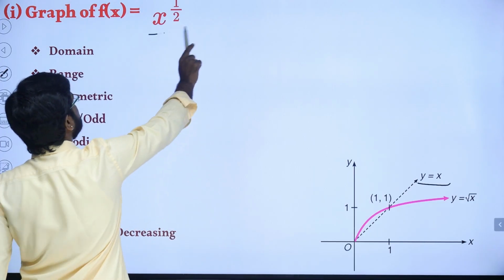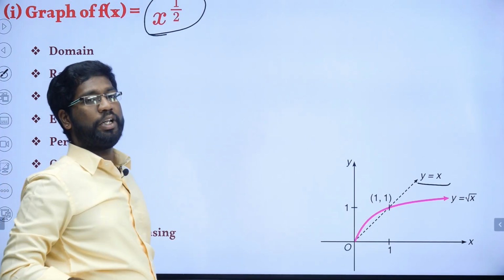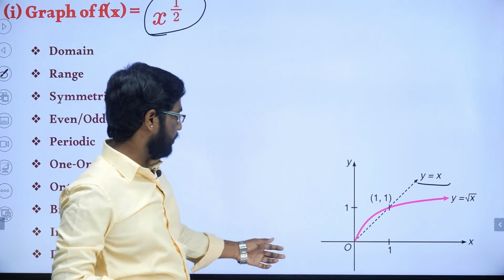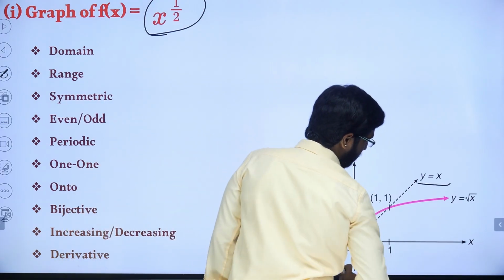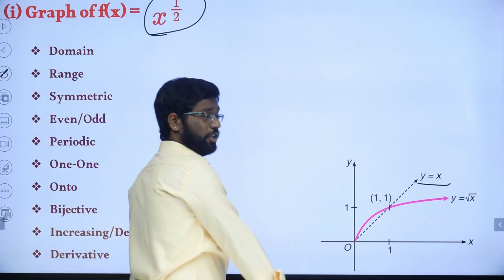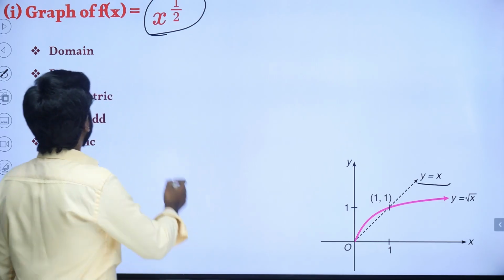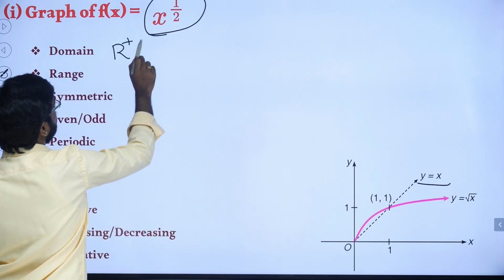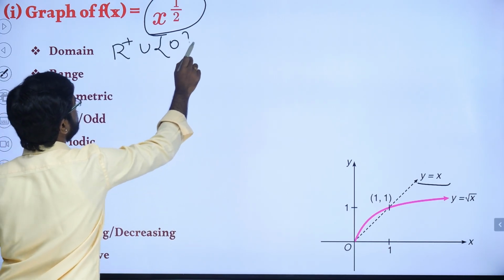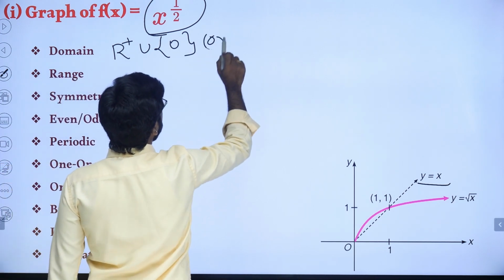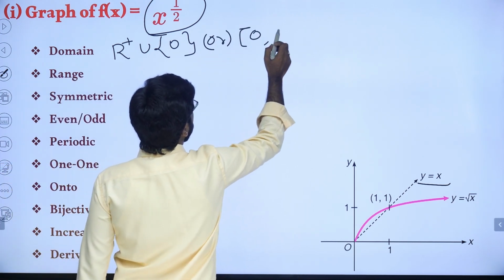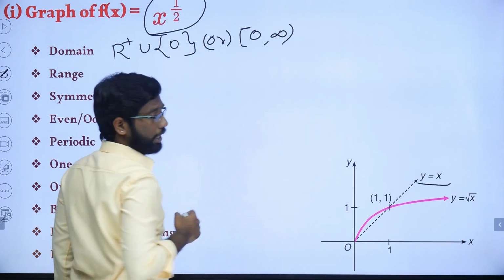Now let's find, my dear students, our hero x power 1 by 2. What is the domain? As I said before, it takes only the positive real numbers, but 0 is also included. So my domain is R plus union 0, or 0 to infinity.